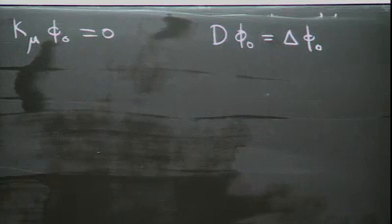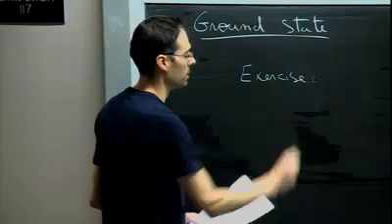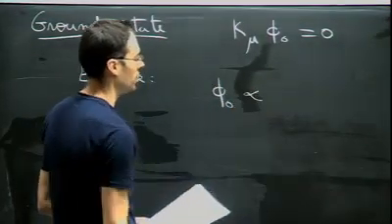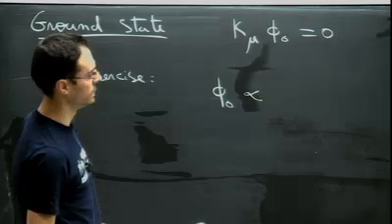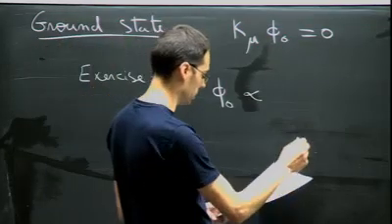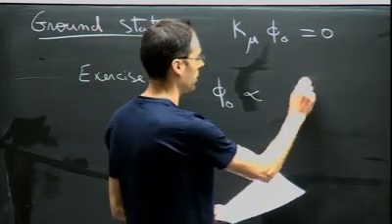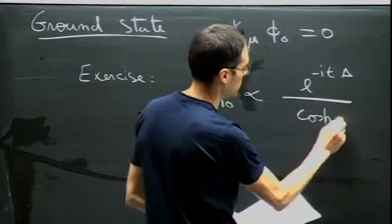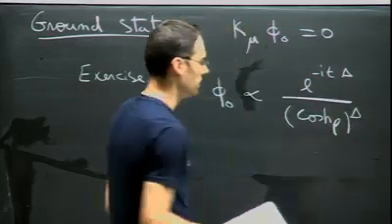So actually, I can call it an exercise, but it's a simple one. You can just check that the wave function, this phi 0 that solves these two differential equations, is of the form like that. Okay.